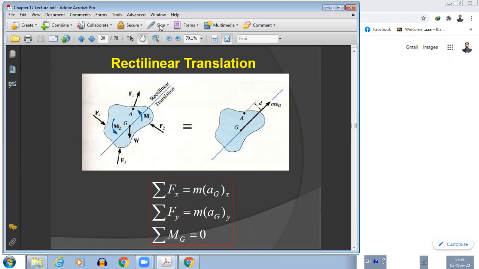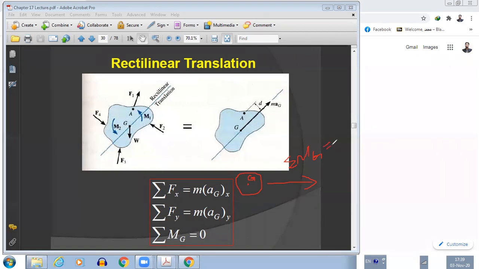Now you have to understand one thing here. Suppose I have a body here, let's say this is the body and the body is moving in a rectilinear motion. When the body is moving in rectilinear motion, I can say that there are no moments at the center of gravity. The summation of moments at the center of gravity is zero. But that does not mean that the summation of moments at any other point will also be zero. So when the body is in rectilinear motion, the summation of moments at the center of gravity will be zero, but at any other point the summation of moments might exist.